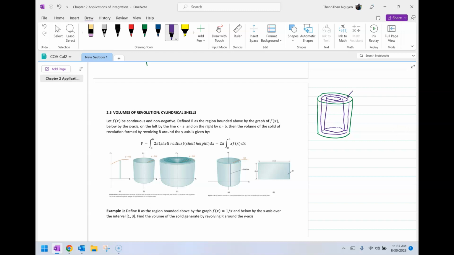Let's say I just slice it straight in half, take a slice, take it out, and roll out that slice. Then we have a rectangle with a tiny height.